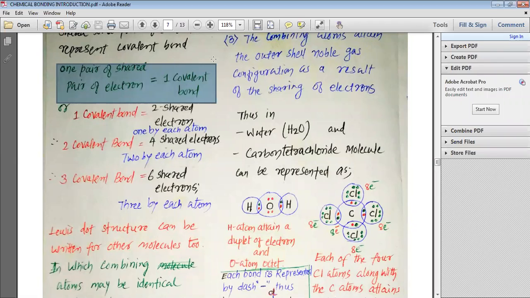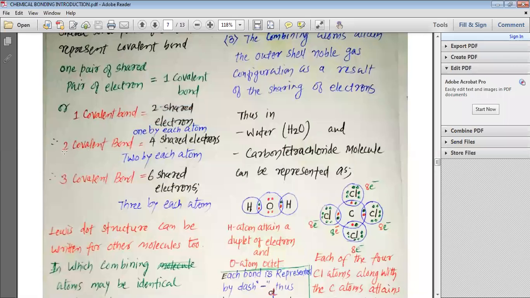Okay, one shared pair of electrons means one covalent bond. That means for one covalent bond we need two shared electrons, where each atom shares one electron.